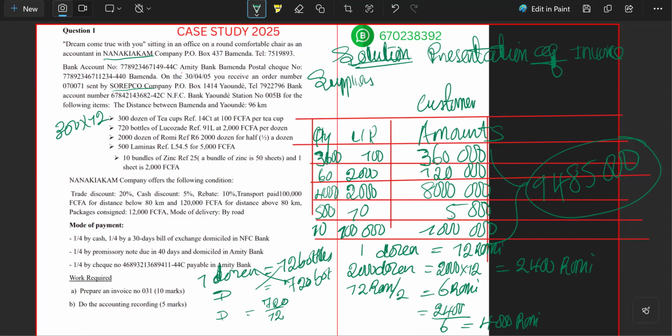That is the total of what we should have. So now this is our gross amount that we have on the screen, 9,485,000. So we are going to now apply this reduction.